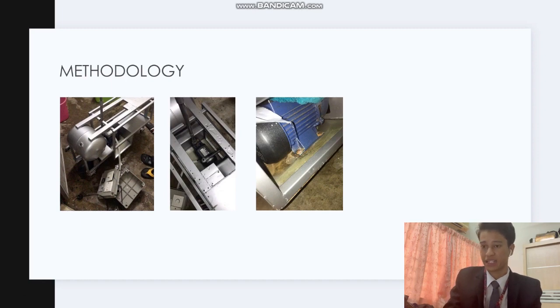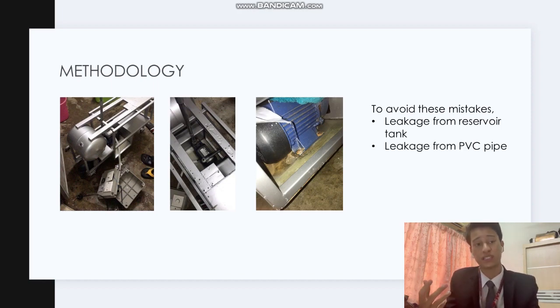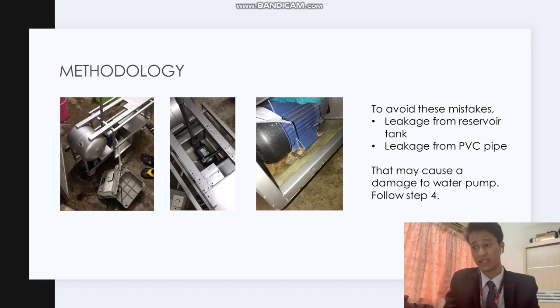These are the faults that I made in this project that I improvised on. To avoid these mistakes, which are leakage from the reservoir tank and leakage from the PVC pipe, that may cause huge damage to the water pump.